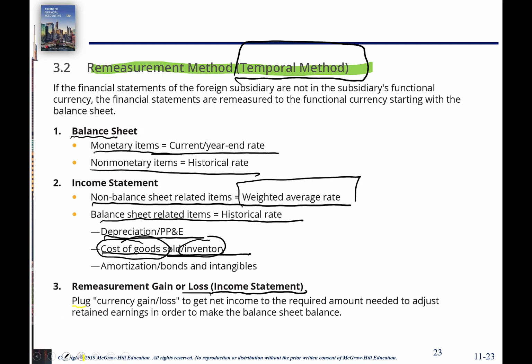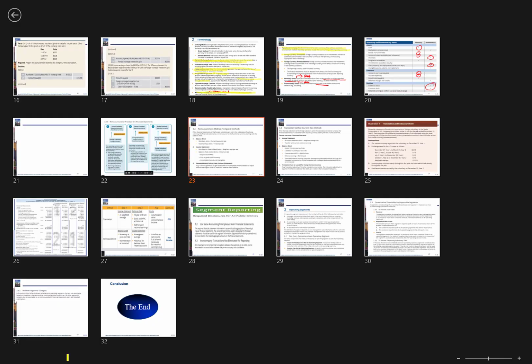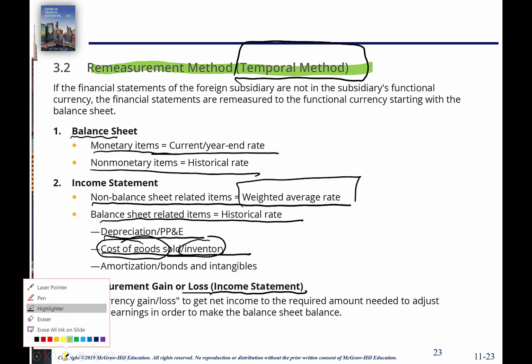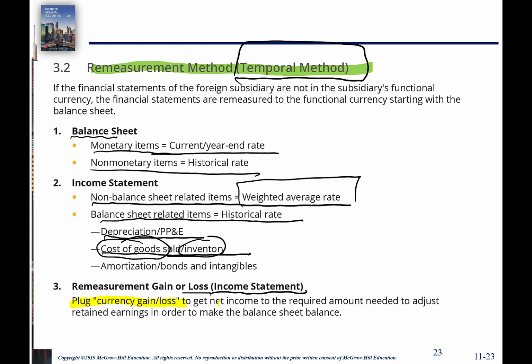Okay, now we're not going to have to actually do this in a full setting here, in a full-blown problem, but I'm going to show you an example of that process a little bit so that you can kind of understand how that plug would work. But it's a plug that goes to the income statement just to make the retained earnings balance correctly on the balance sheet. And I'll show you how that works here in a little while.